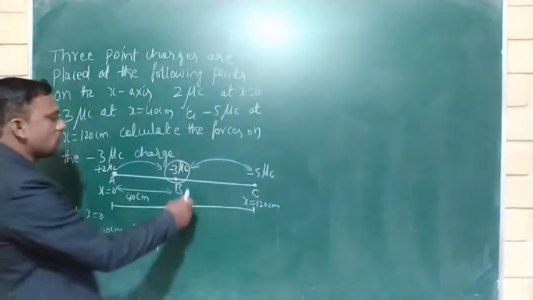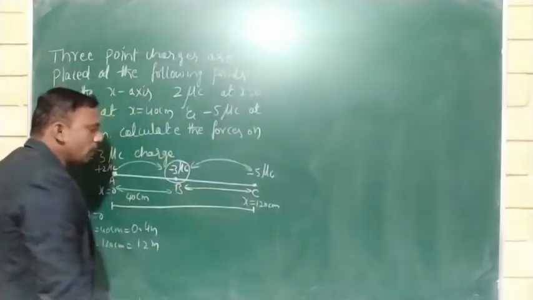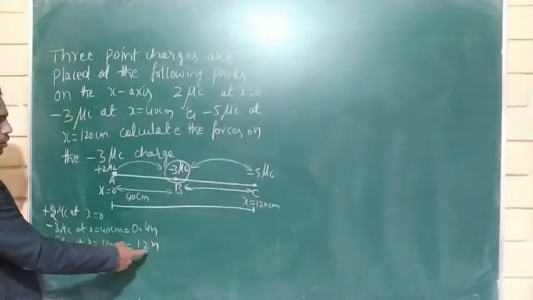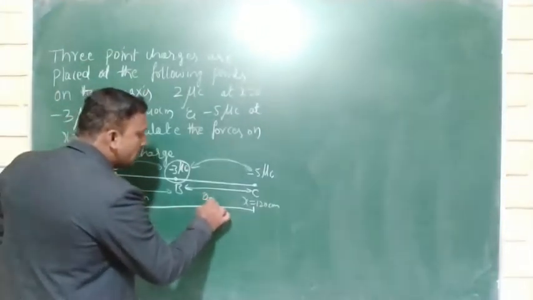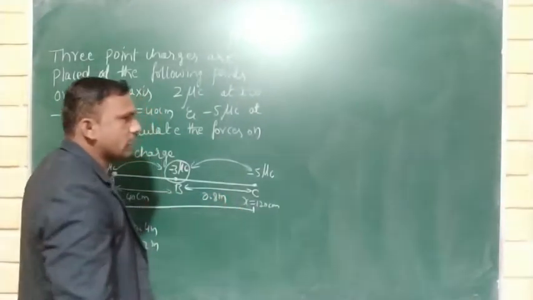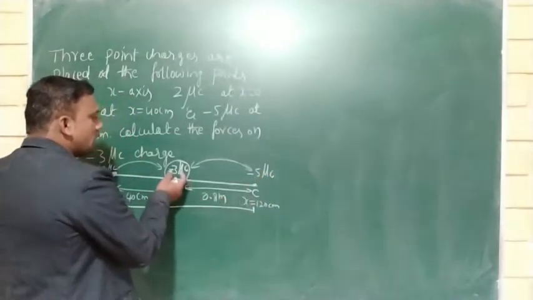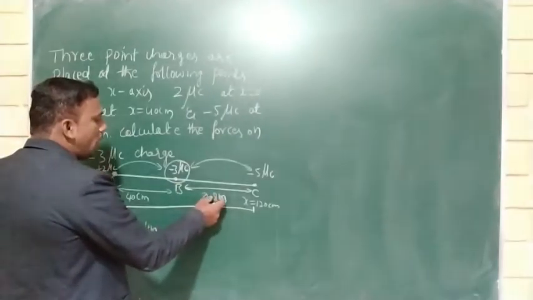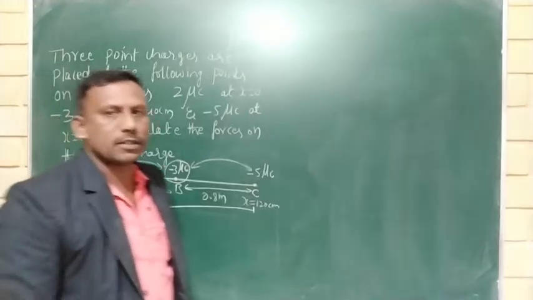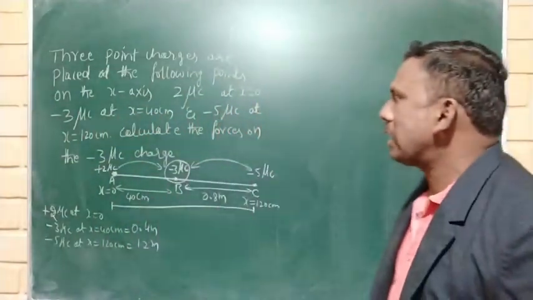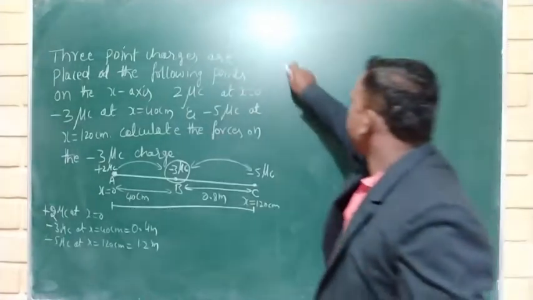Therefore, what is the distance between B and C? The distance between B and C is 1.2 minus 0.4, that is 0.8 meter. The minus 5 microcoulomb charge is at a distance of 0.8 meter from the minus 3 microcoulomb charge. Okay, this is the explanation of this problem. Solution.